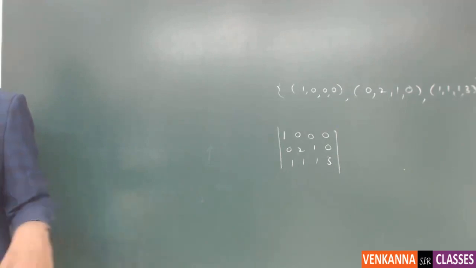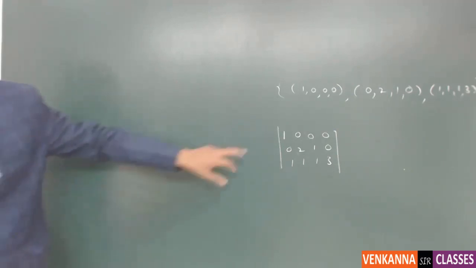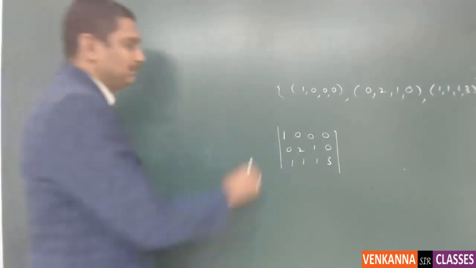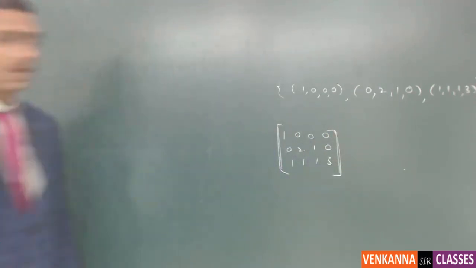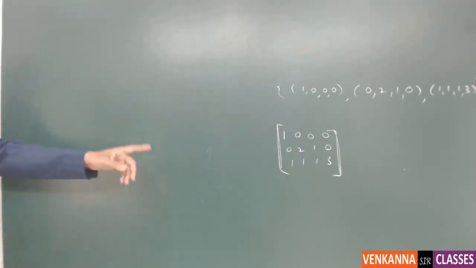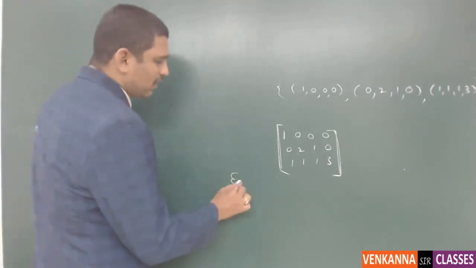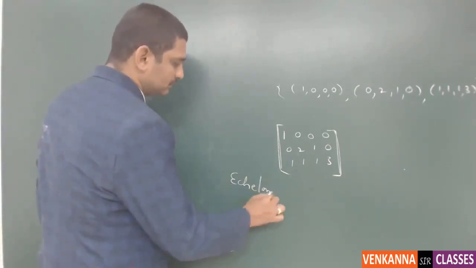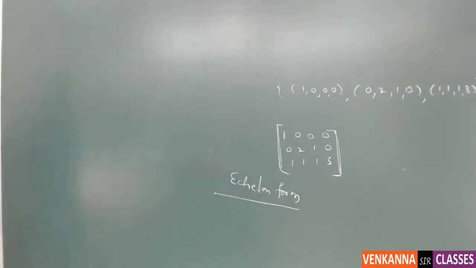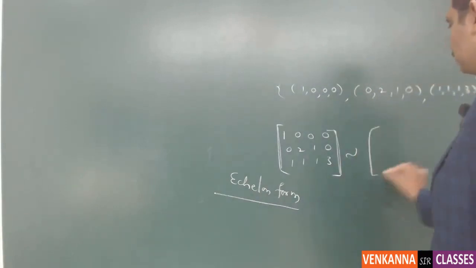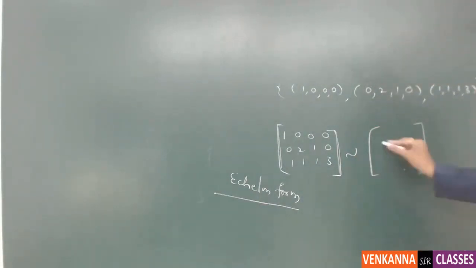Apart from this, the other technique is to write it in matrix form, apply row operations on this matrix and reduce it into echelon form. Now let me say, after reducing into echelon form, it has a form like this.